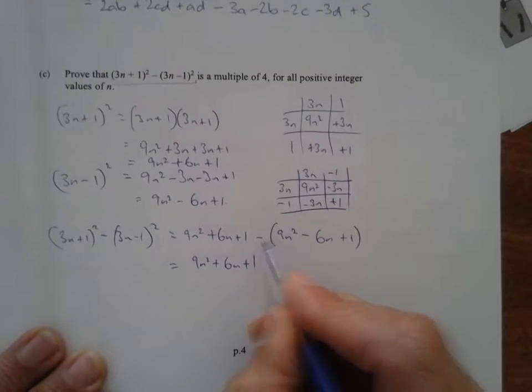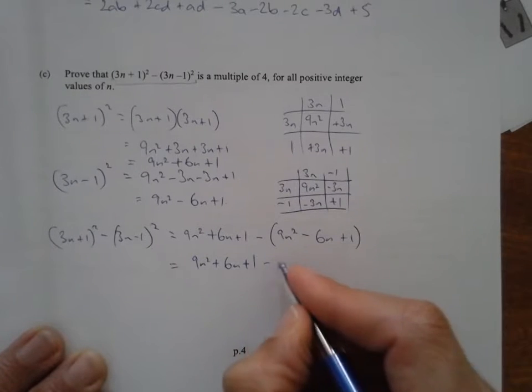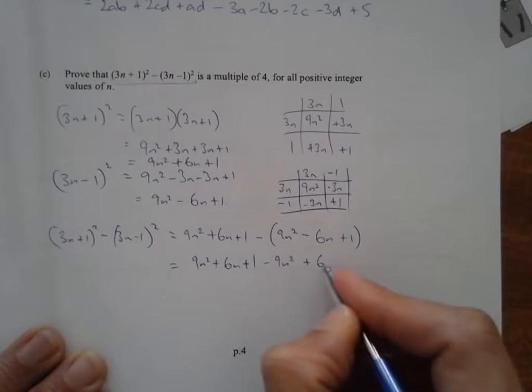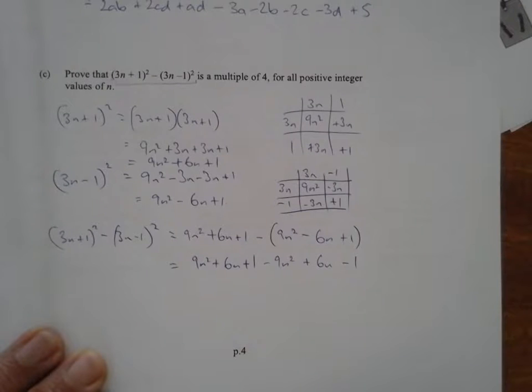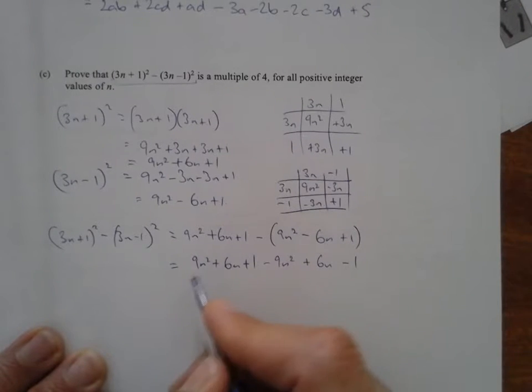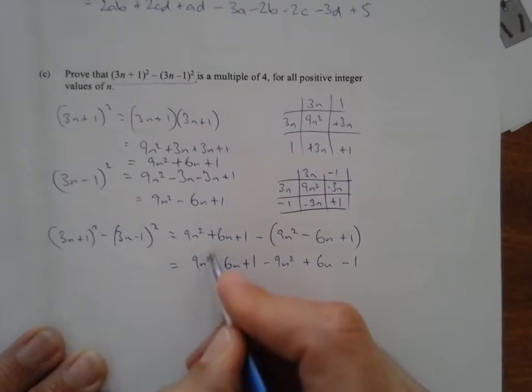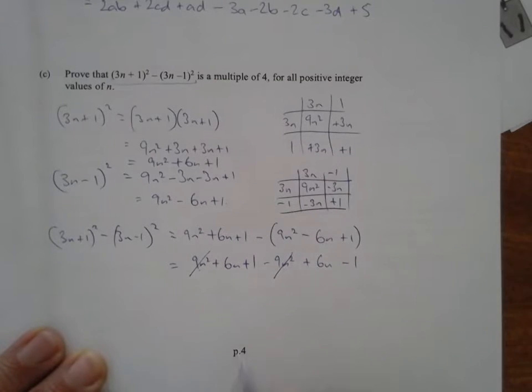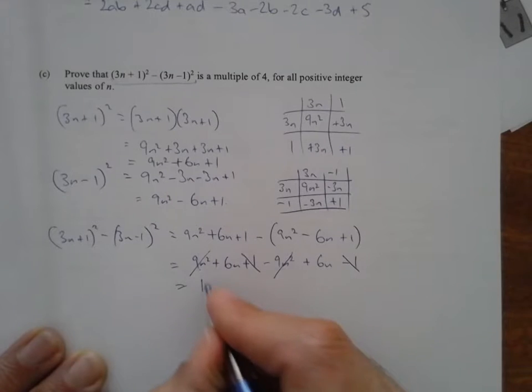Let's expand that minus sign across the bracket, minus 9n squared plus 6n minus 1. Now I can see some things I can cancel out. 9n squared minus 9n squared, well that's 0. Plus 1 minus 1, that's 0. So I'm left with (3n + 1) squared minus (3n − 1) squared is the same as 6n plus 6n, or 12n.